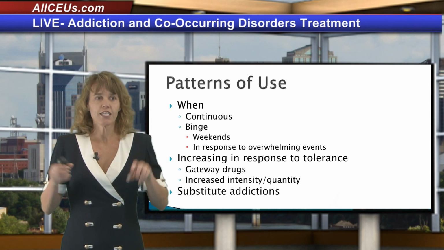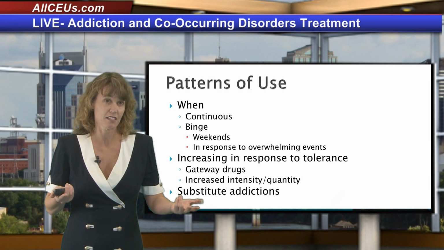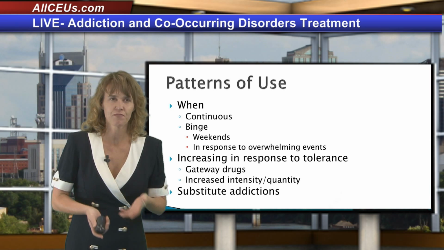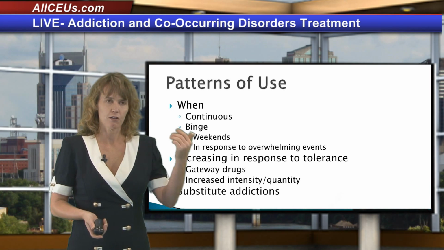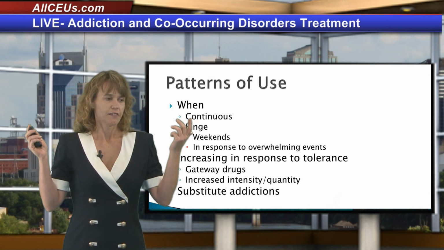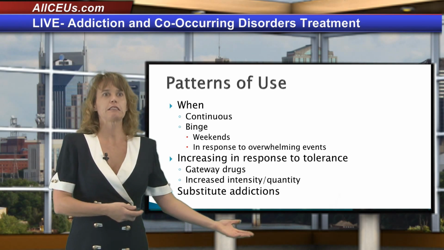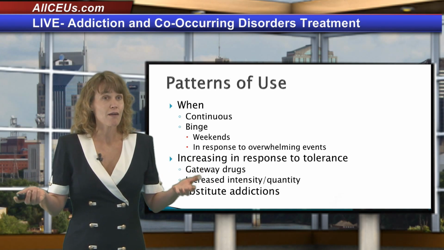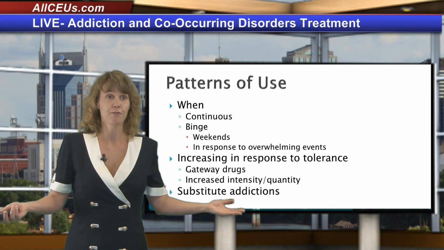If they only use in response to overwhelming events, again, we want to look at the frequency of this. If it is once in a blue moon because their house was foreclosed on or somebody died or something, it's probably not going to cause problems in multiple areas of their life.